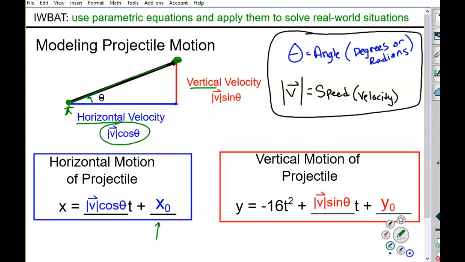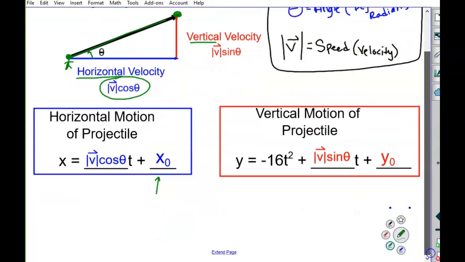Remember x of 0? Anytime you saw something with a 0 on it, this meant initial. So when you see x of 0, this is your initial horizontal position. Think of that word initial.